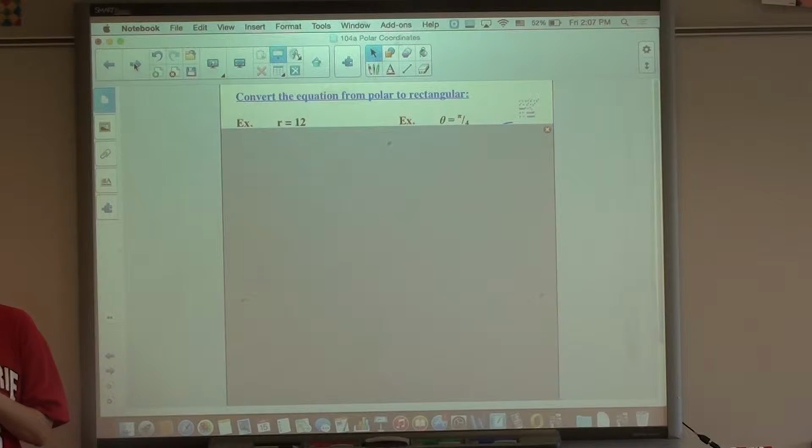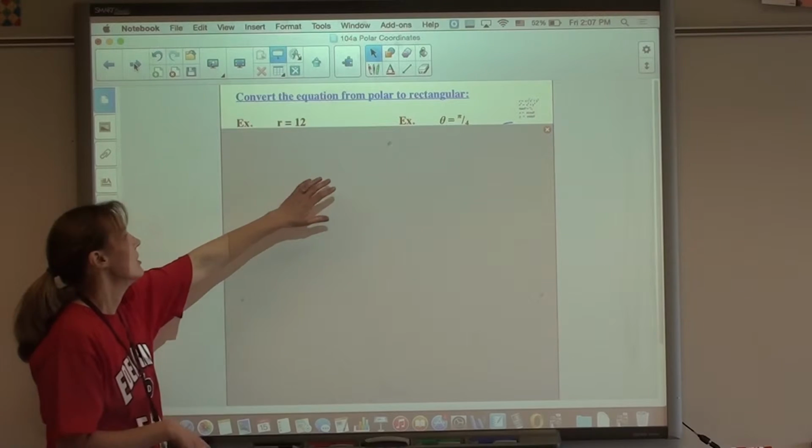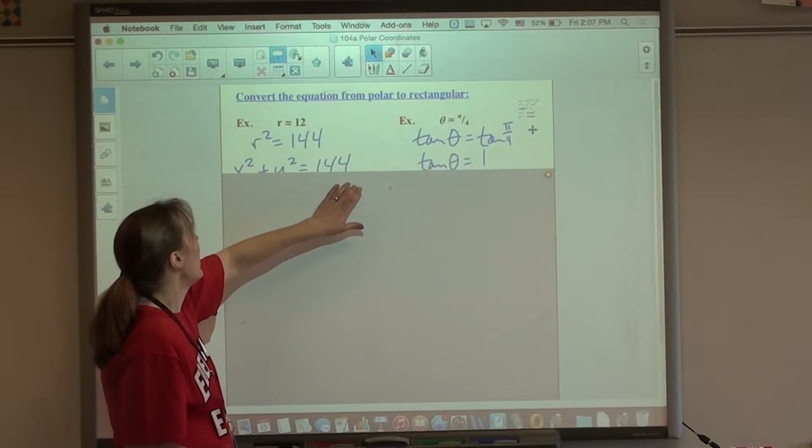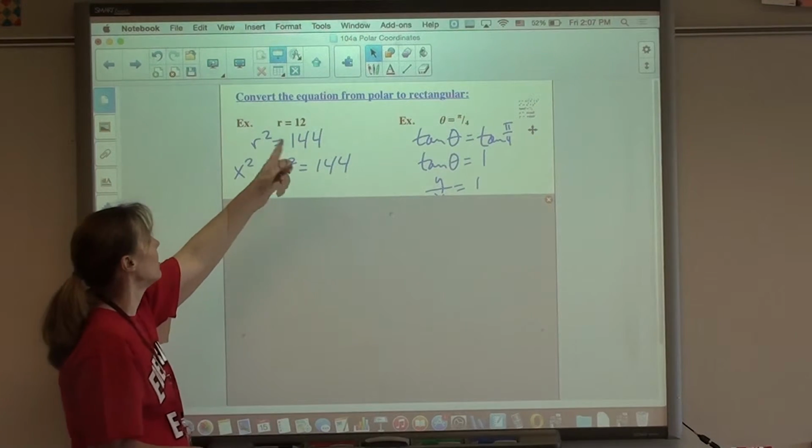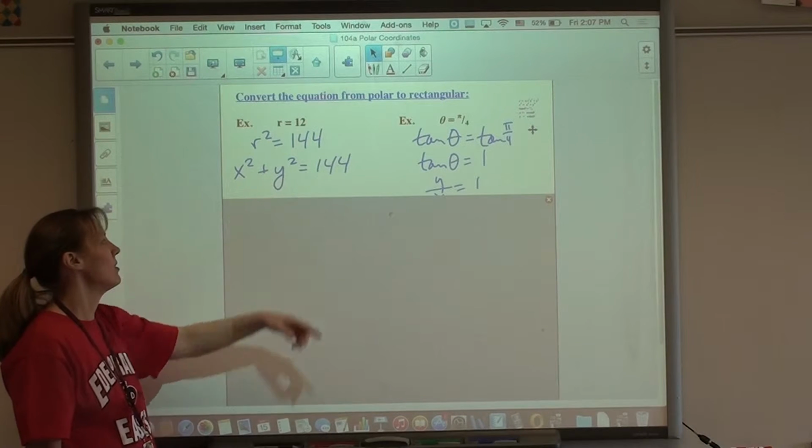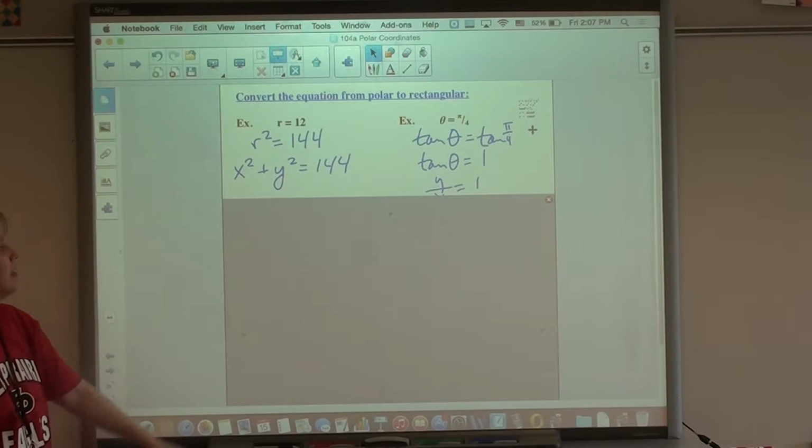That is my thing. It doesn't have to be yours, right? If you replace it with plus or minus square root of x squared plus y squared, that is fine, right? You are certainly within your rights. So anyway, I would get r squared is 144, and then x squared plus y squared is 144. This I would not solve for y, because it looks so nice.